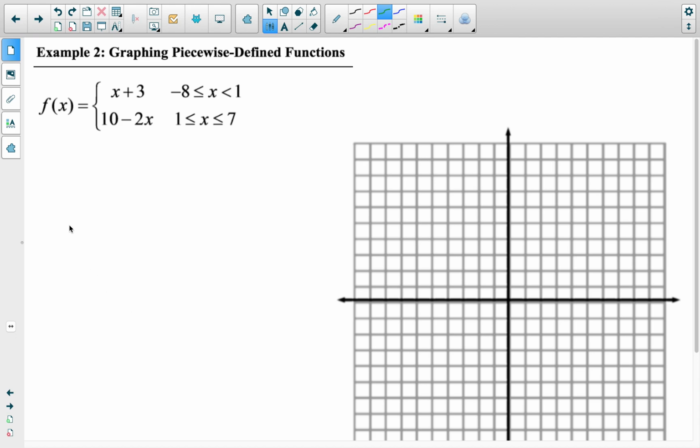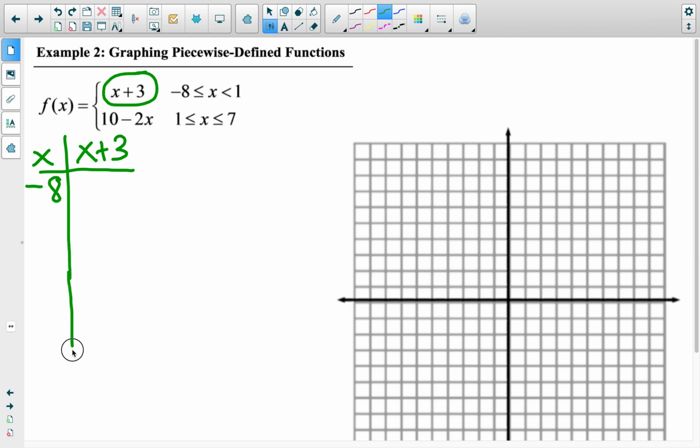So I'll make this top one green, x and x plus 3. For my endpoints, x could equal -8 all the way up to 1. Then give yourself some points in between, so maybe -7, -5, -3, -1, and then generate those y values.